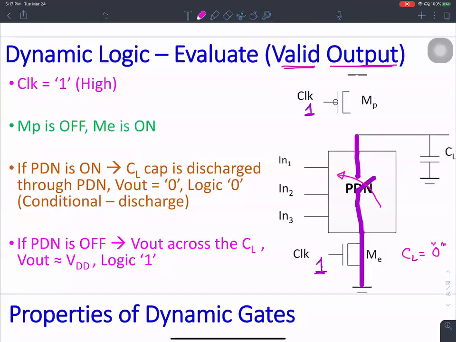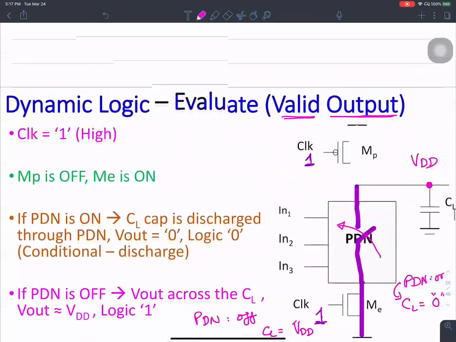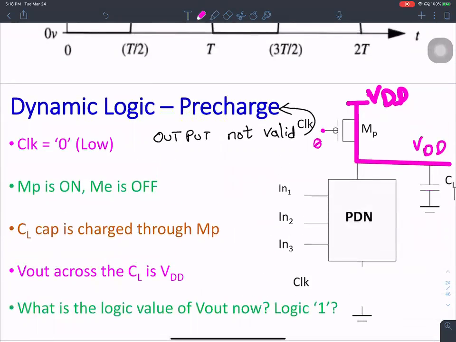If the pull down network is on, then the load capacitance is going to see a value of logic 0. If the pull down network is off, then the load capacitance should be at the value of VDD. Remember, earlier during the pre-charge phase, this was charged to VDD, because pre-charge comes before the evaluate phase. I charged that node to VDD.